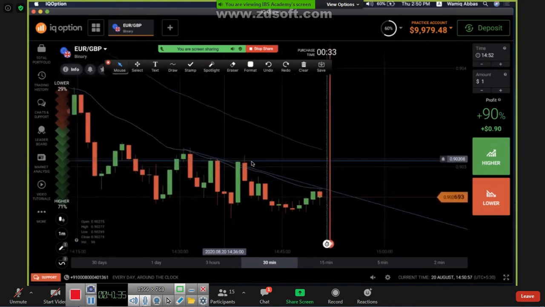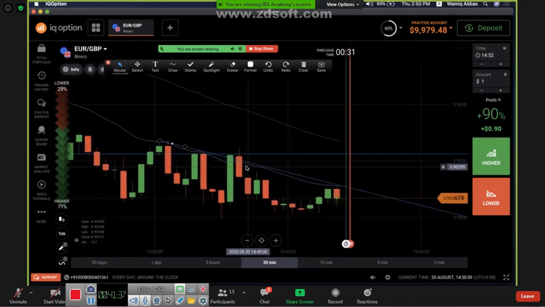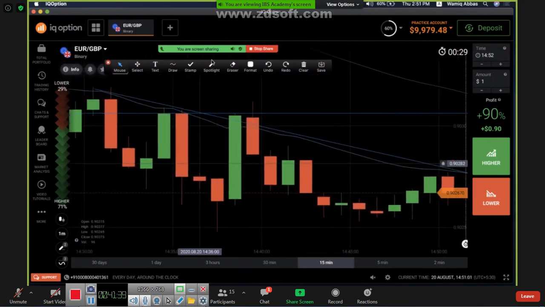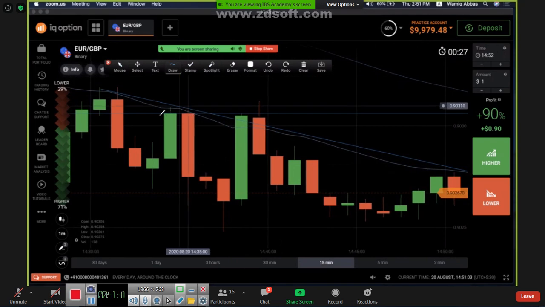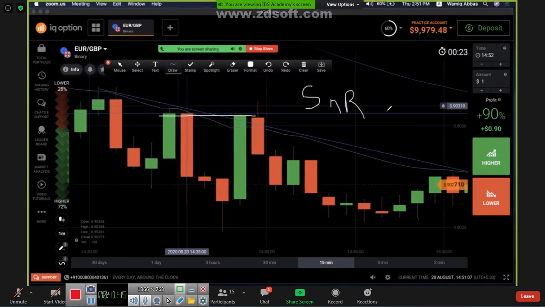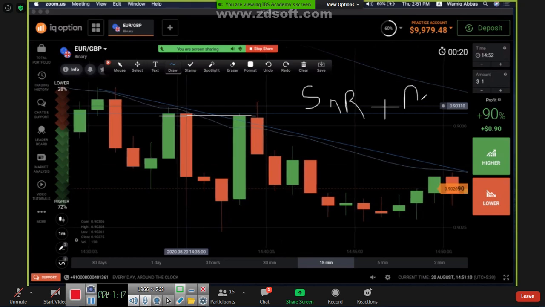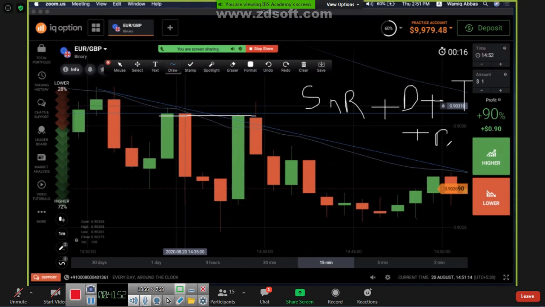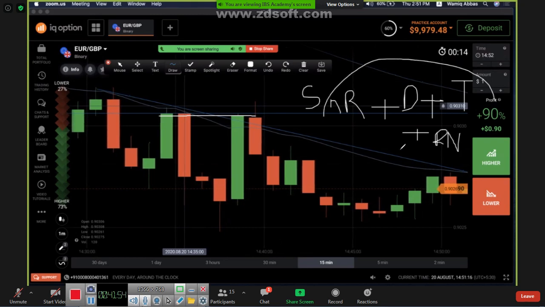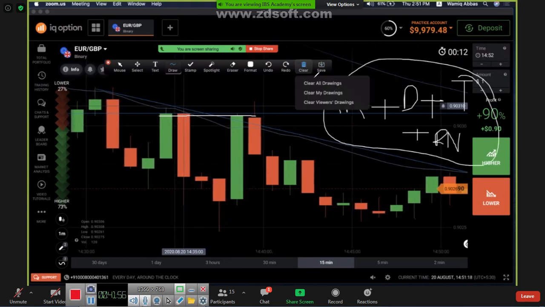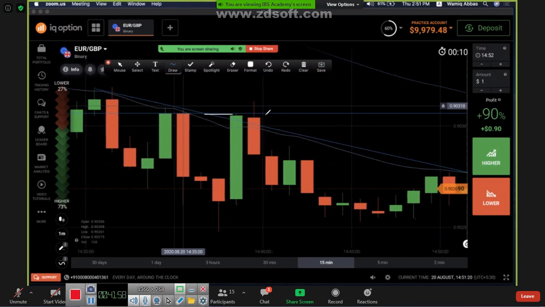So in this particular point, I am having four different things. One is the previous seller's entry points SNR, second is my dynamic SNR, third is my trend line, and fourth is my round number. So all these four types of SNR are coming at this one particular spot, right?